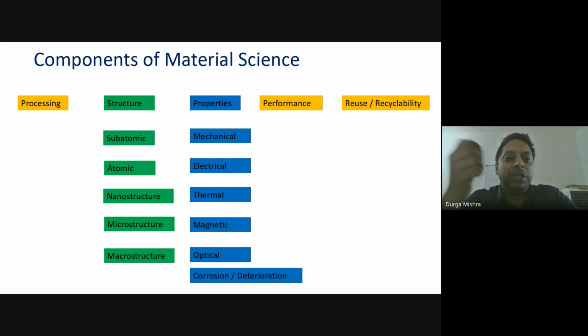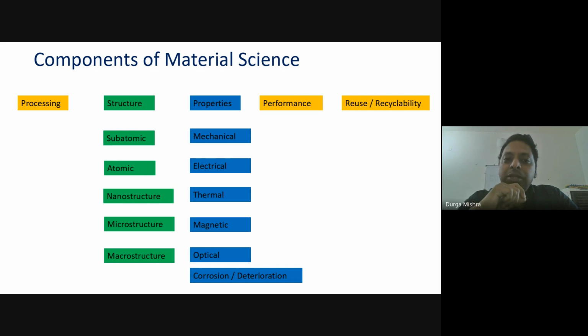So that means I would need, for example, an electron microscope, where I'll use electrons to perform the microscopy. Similarly, the atomic and subatomic structures you may not investigate directly. The possibility is there. You can use a transmission electron microscope, but you can also probe these structures indirectly as well. So this is important.